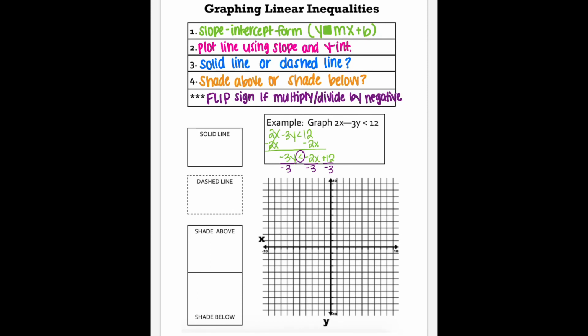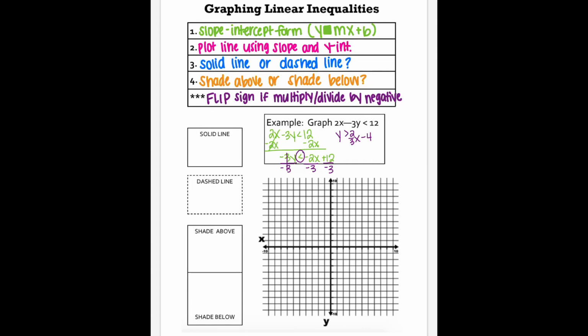So negative 3 over negative 3 is 1. So that's just y. Now flip the sign, is greater than, and now simplify everything on the right. So negative 2 over negative 3 is just 2 over 3. So 2/3 x. And then 12 divided by negative 3 is negative 4.